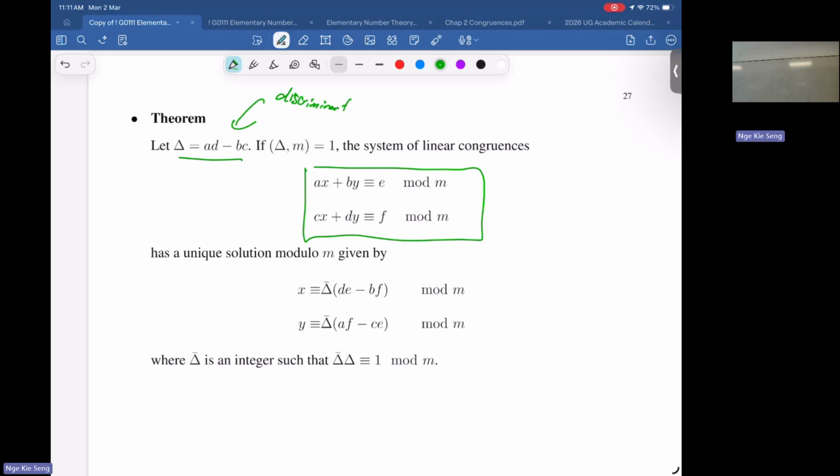And then you have to take this inverse and multiply by this DE minus BF. What's DE minus BF? Let me try and work this out. What's this DE minus BF business here? So DE, BF.